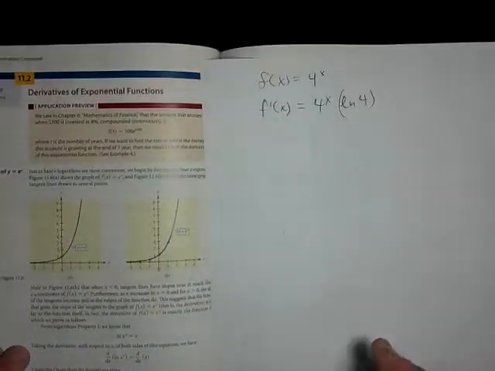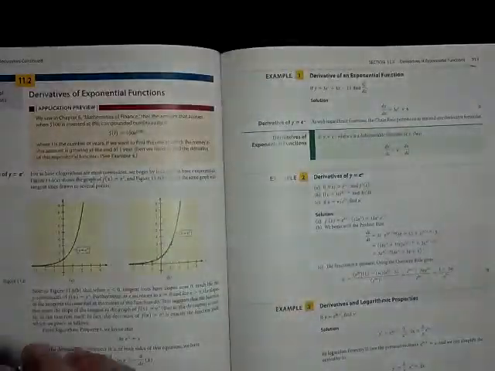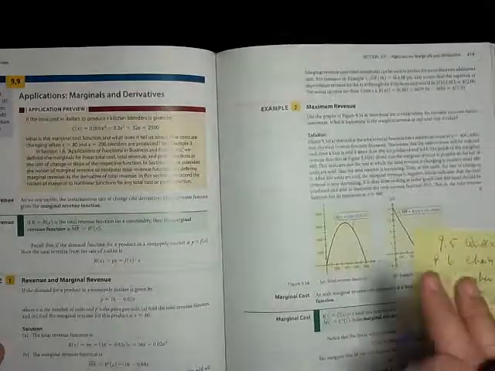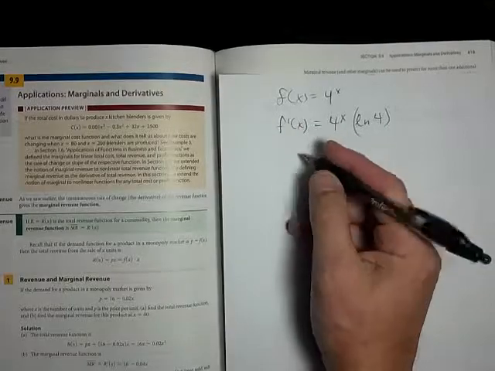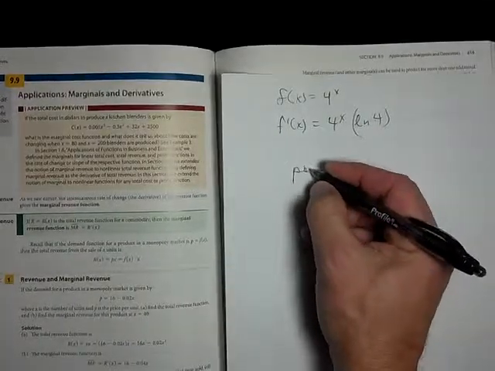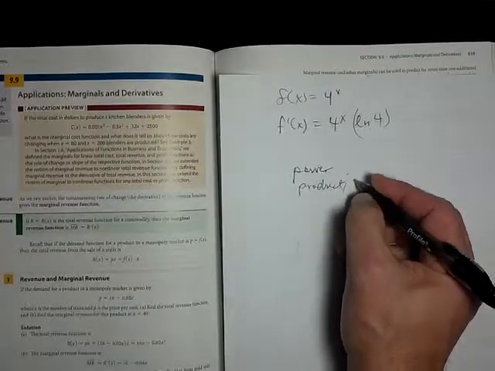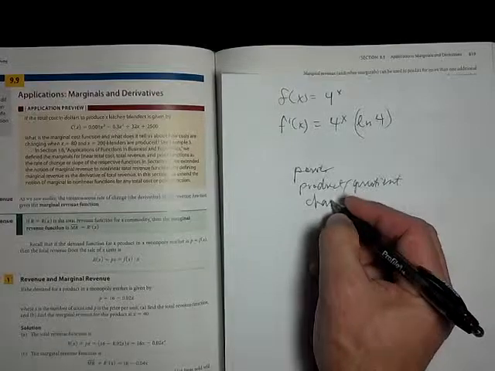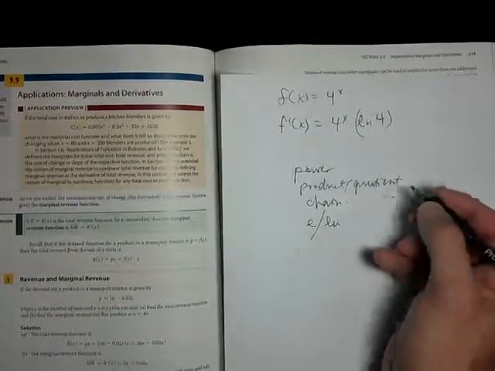Okay, that's exponential functions. All right, so we're at 15 minutes right now. I want to start talking about, let's go back now to 9, and keep in mind up until now, what we've done are the power rule, the product and quotient rule, the chain rule, and exponents and logarithms.